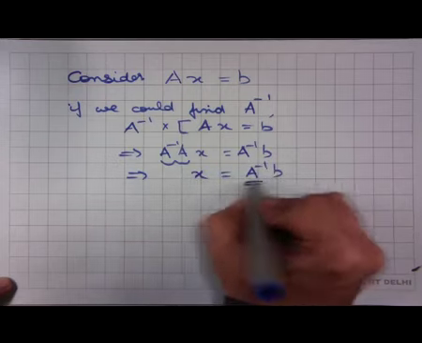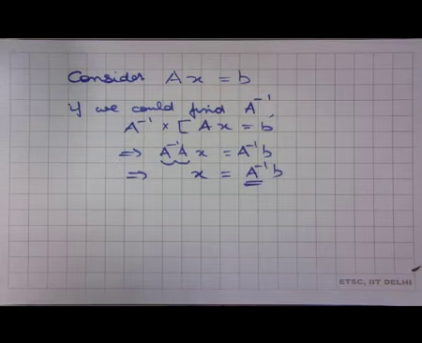This is why we would like to have an inverse of a matrix for trying to solve these matrix equations, and this is a direct generalization of the algebraic concept of finding the solution of an equation like 2x equal to 1 or 2x equal to 3: you multiply by the multiplicative inverse, which is half.